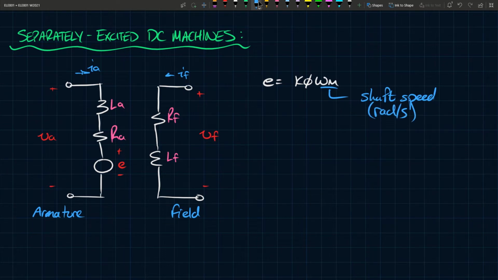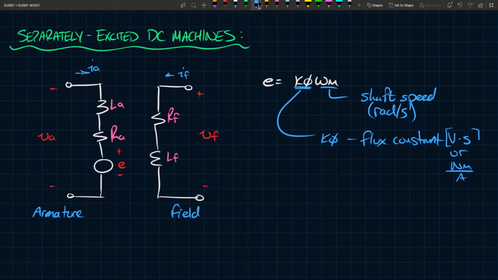And K phi we call the flux constant. This is in volt seconds or Newton meters per amp. These are the units that are typically used for K phi.